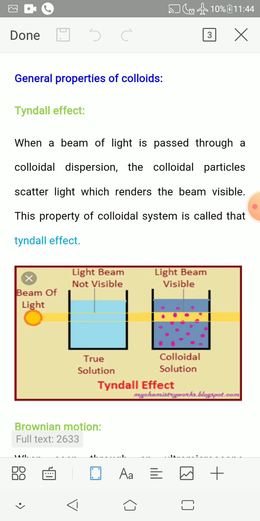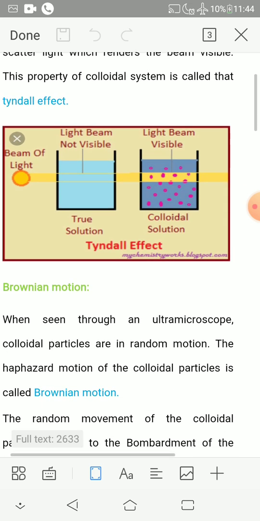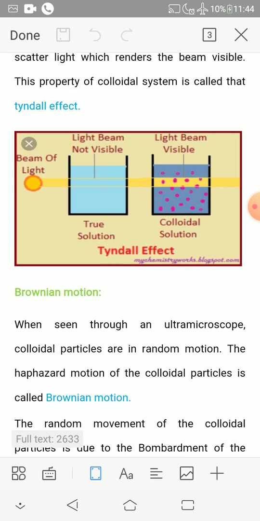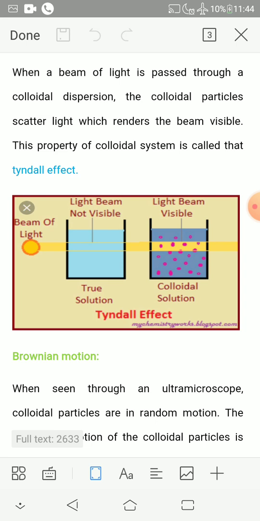So, when a beam of light is passed through a colloidal solution, the colloidal particles scatter light, which renders the beam visible. This property of colloidal systems is called the Tyndall effect. So, scattering of light when the light is passing through a colloidal solution is known as the Tyndall effect.